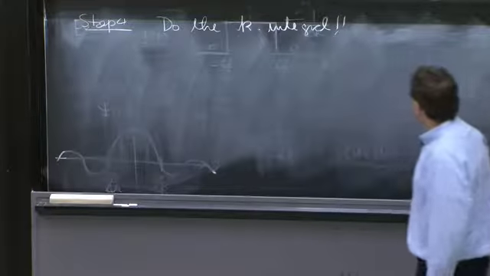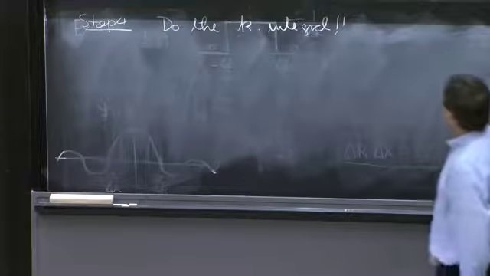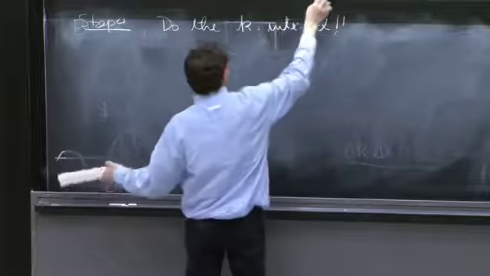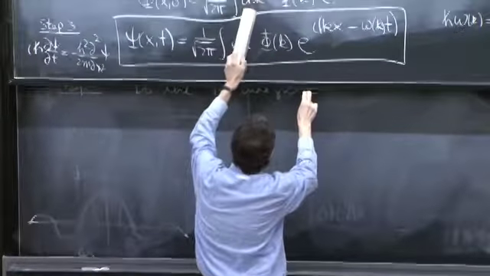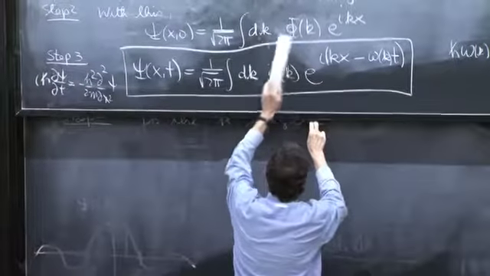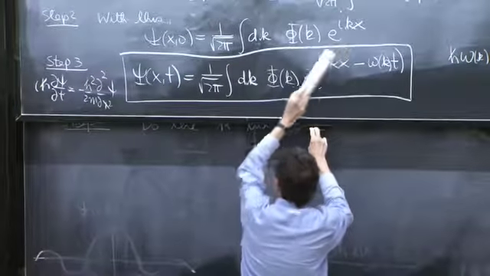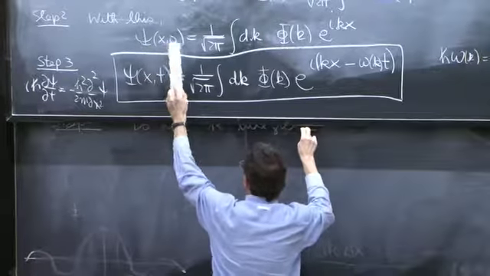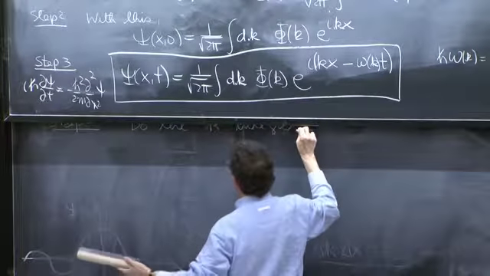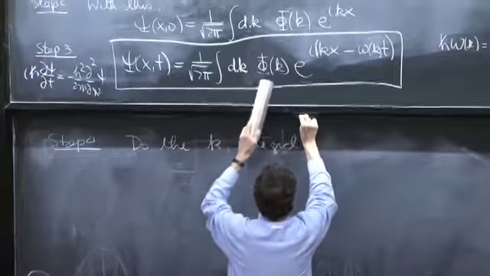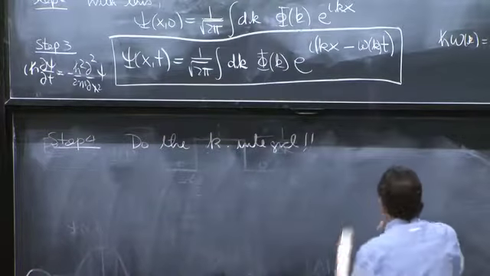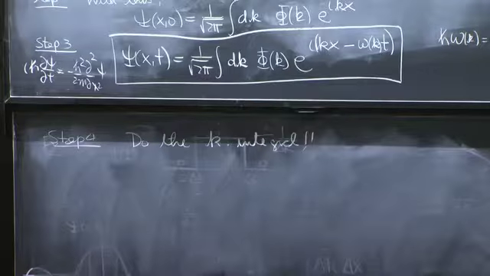And sometimes it's possible. You see, in here, once you have this phi of k, maybe you can just look at it and say, oh yeah, I can do this k integral and get psi of x and 0, recover what I know. I know how to do. This integral is a little harder because k appears a little more complicated.